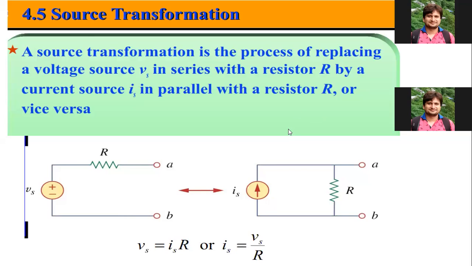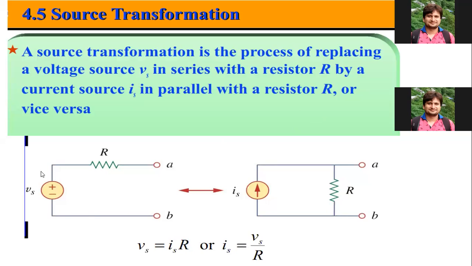So source transformation is very important, and we can always use it to simplify the circuit. It is mostly used to simplify circuits, and only by using source transformation can we also find the current or voltage in some part of the circuit.